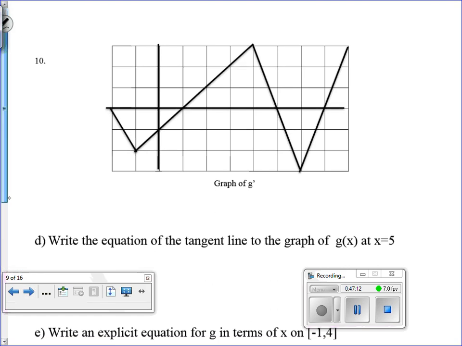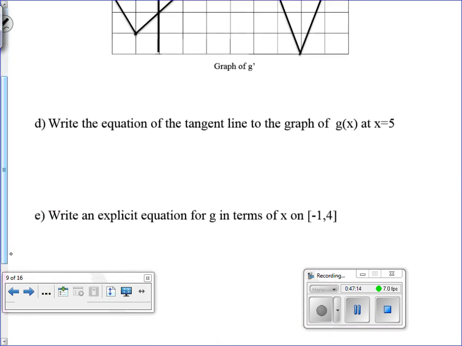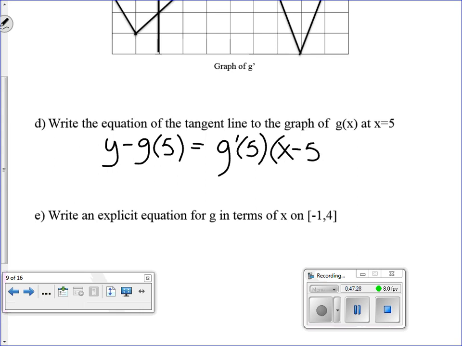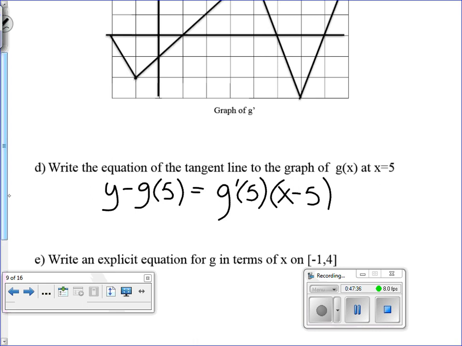Part D, write the equation of the tangent line to the graph of g at 5. So y minus, we need to plug 5 into the function to get y1. We need to plug 5 into the derivative to get the slope. G prime of 5 is the easiest one. You just read the graph. So if you look at the graph, g prime of 5, that's 0.